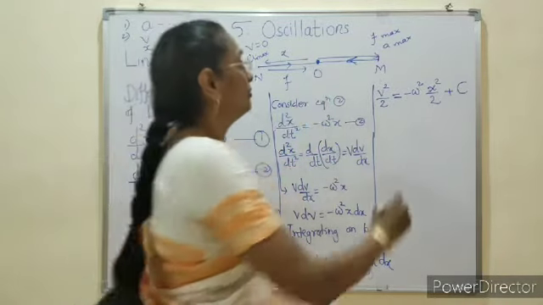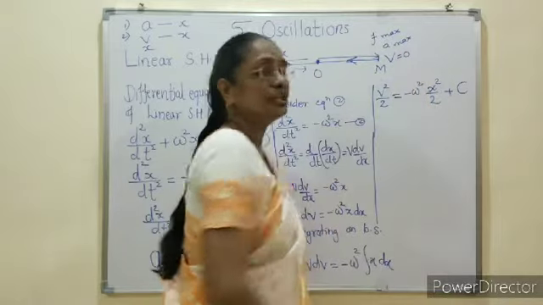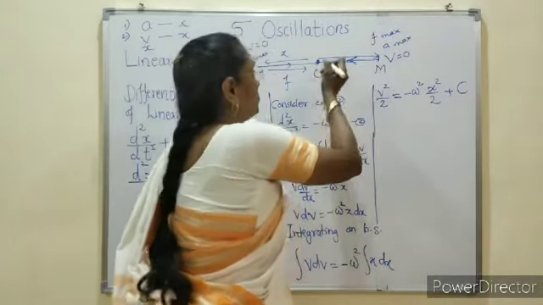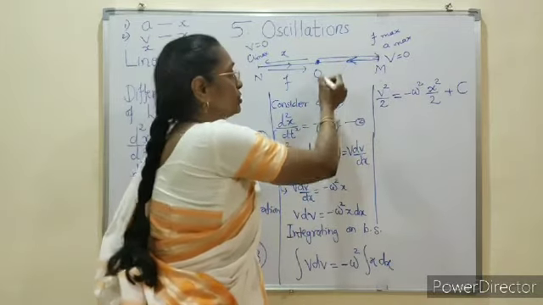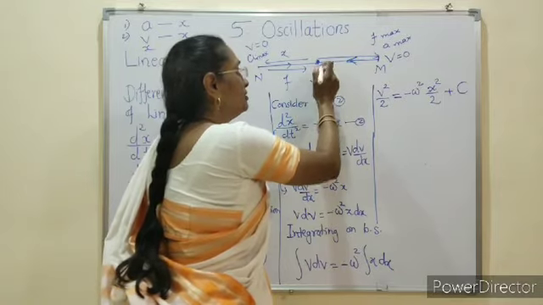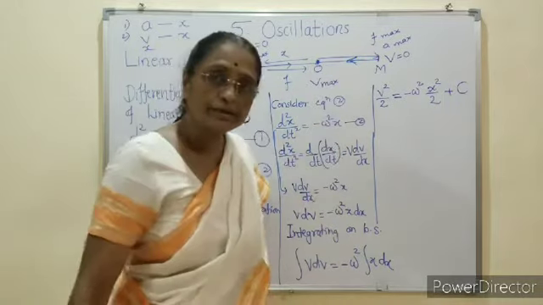So velocity at extreme position is 0. But when it returns to the mean position from any extreme position, velocity at the mean position is maximum. This point also we have explained.